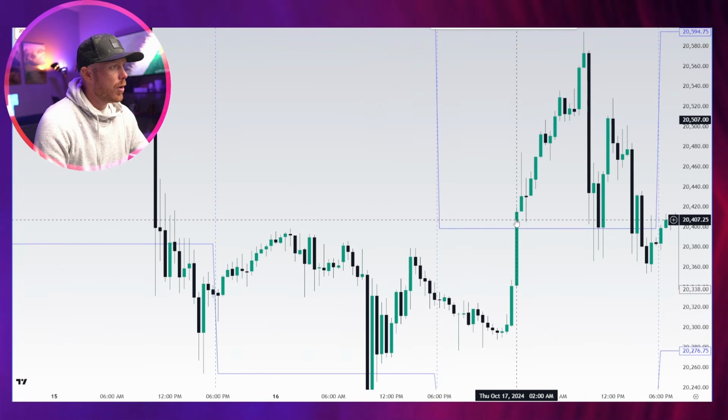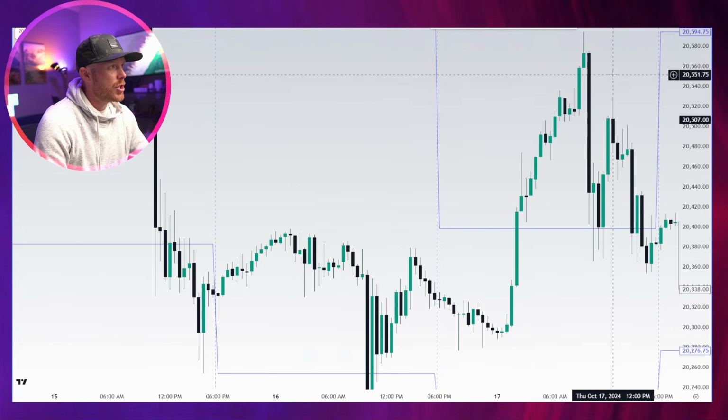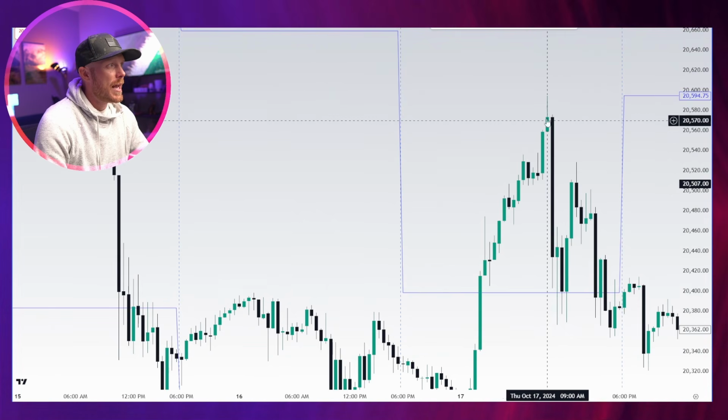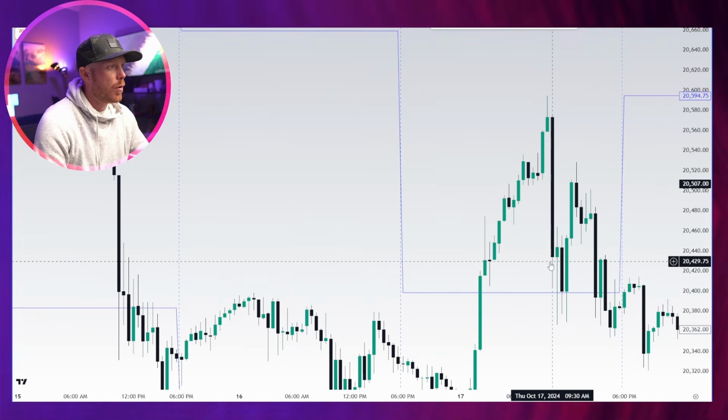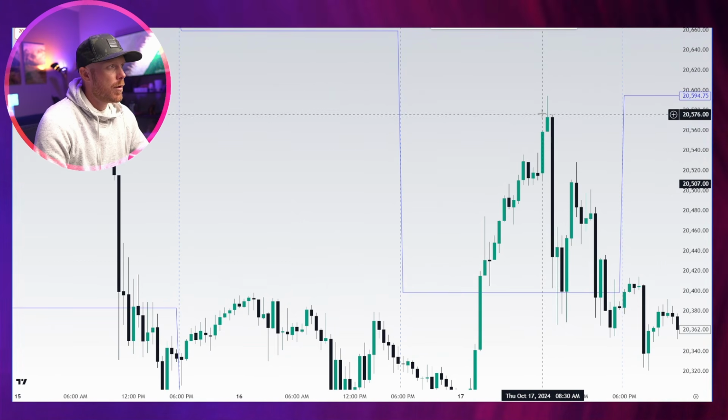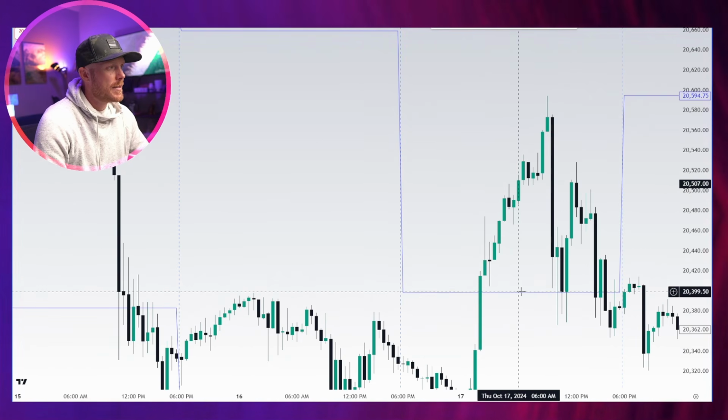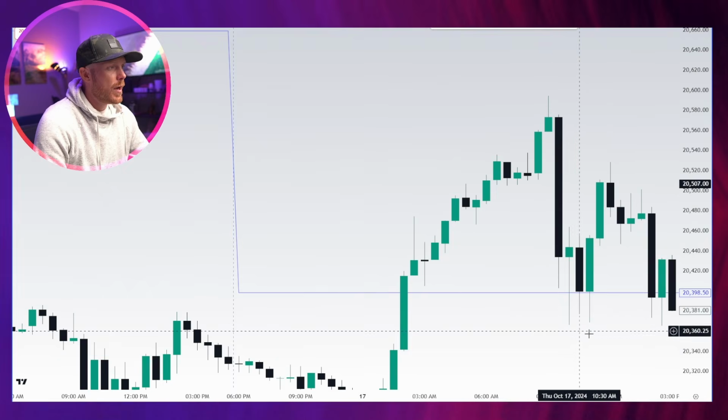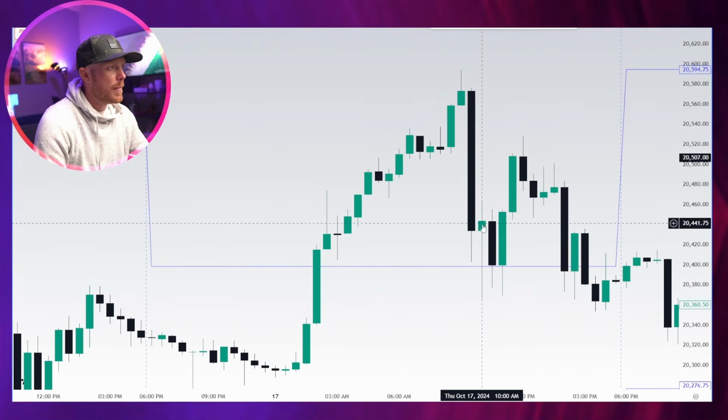Here's another example of how we run it in the AM session, and then price opens at 9:30 and we're really high. And what does it run for? Within the first hour of trading, it's already tagged the previous day high sitting right here. Now look at these wicks. If we go into a lower time frame, you will see that these wicks represent retracements.